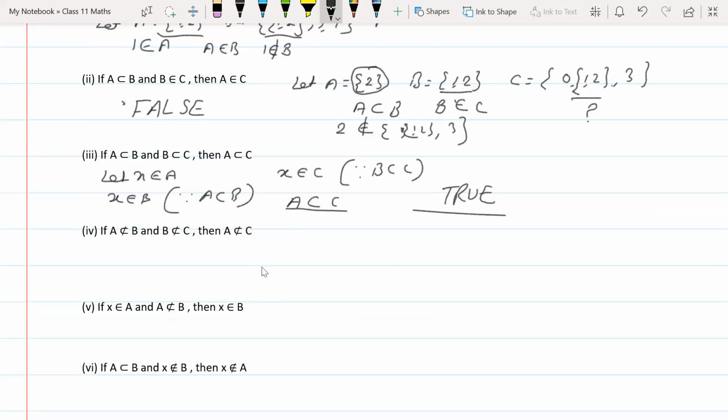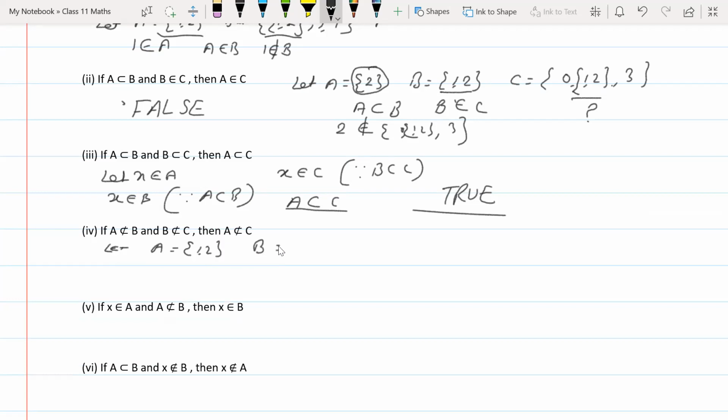And next question, part 4. A is not a subset of B. B is not a subset of C. A is also not a subset of C. Is it true? Let's take A as a set having elements 1, 2.